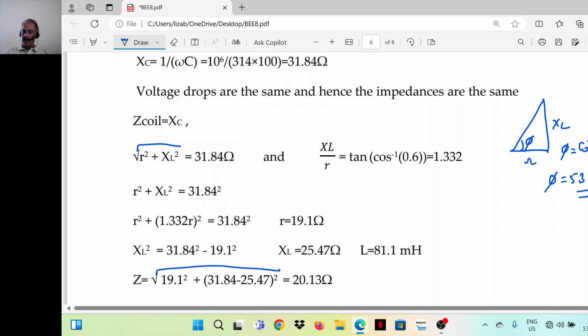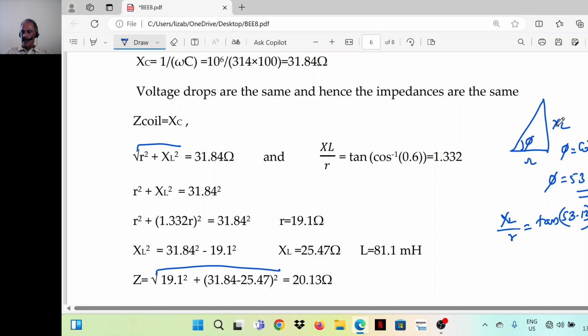So tan phi is equal to XL by R. Tan 53.13 is equal to XL divided by R. So XL divided by R is equal to tan 53.13. Cos phi is given, that is 0.6. So cos inverse 0.6 is the power factor angle of the choke coil, that is 53.13 degree.